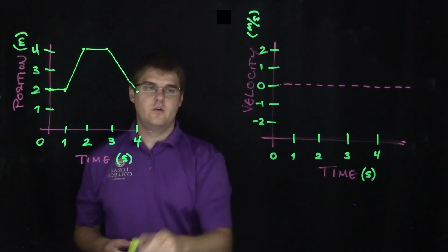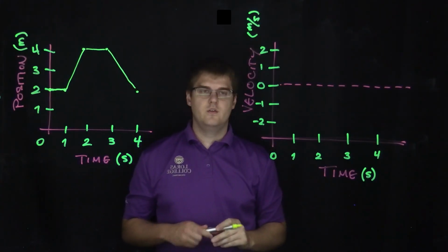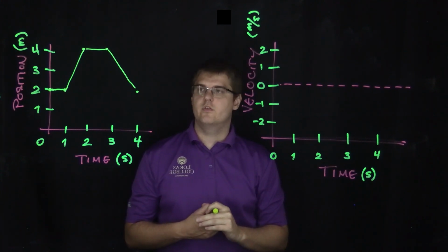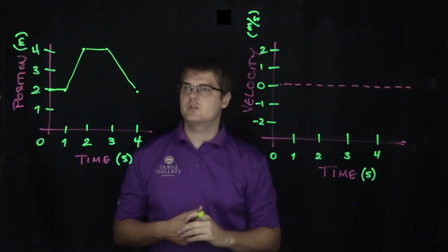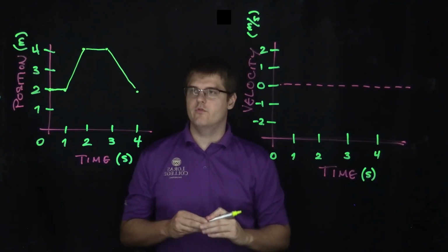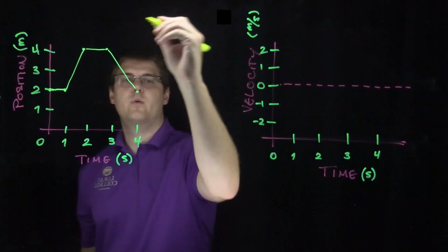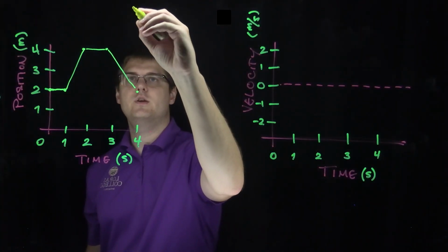Let's start by talking about this in terms of equations, because that should be fairly simple for us. Between 0 and 1, I can write our normal equation right up here.